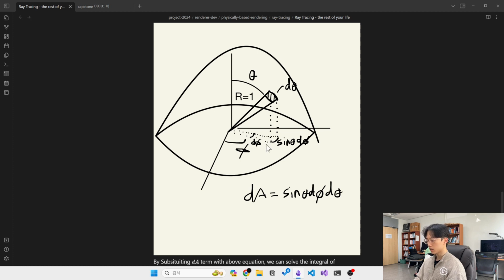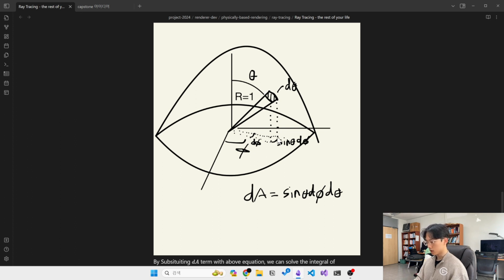And d theta, d phi is only d phi when the radius is exactly the same as r. But in this case, if we project this vector onto this xy plane, it's not r, because we have to compute it by sine theta.